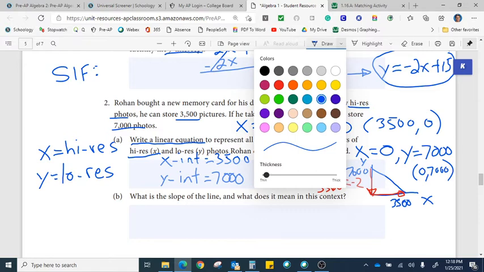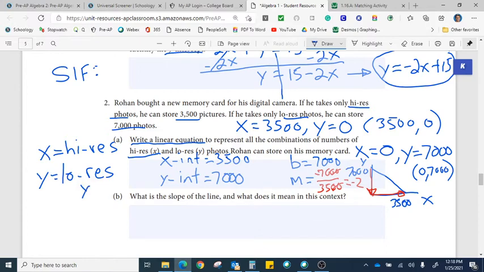So if I have a slope of negative 2, then I could go ahead and write this out in slope-intercept form. I have the slope and the y-intercept. So y equals negative 2x plus 7,000. Now this is in slope-intercept form. Another possible way of writing this is to add 2x to both sides.